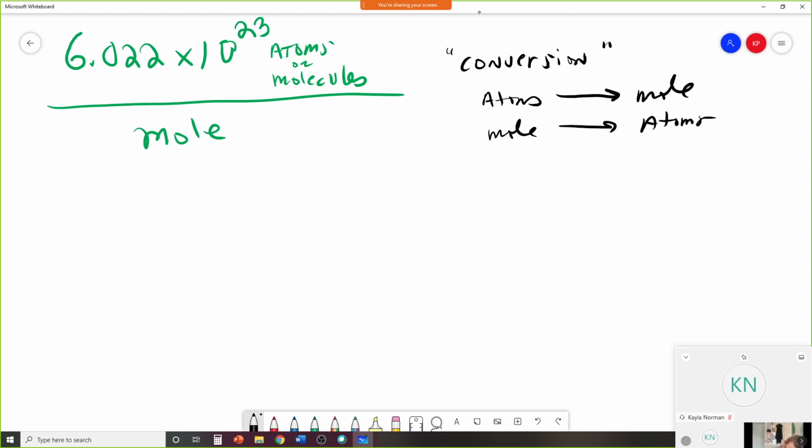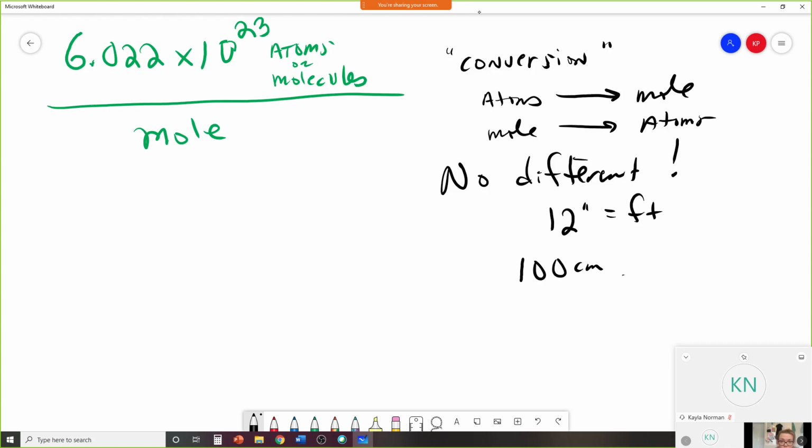This is how you go in between them. This is no different than saying 12 inches equals a foot. It is no different than saying 100 centimeters for every meter. It's no different.